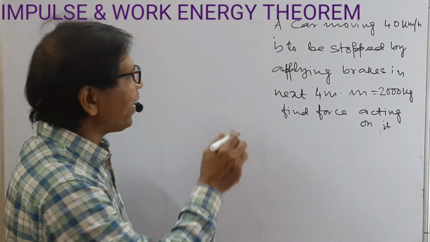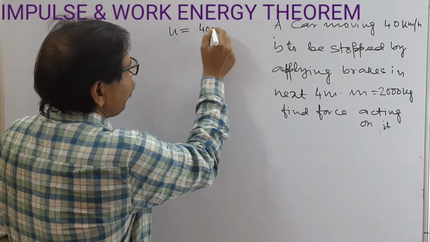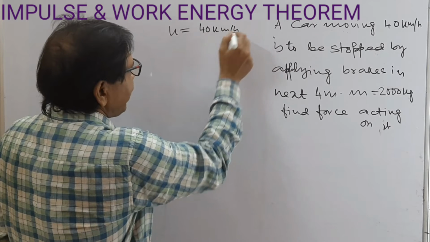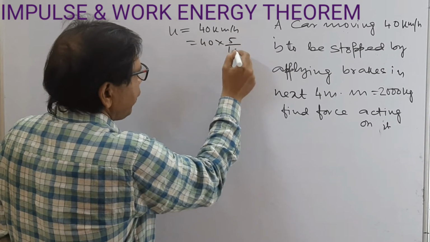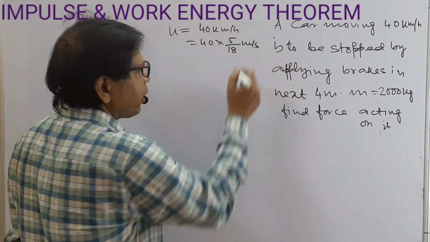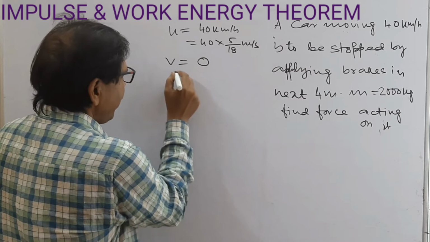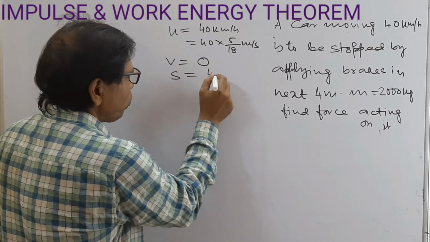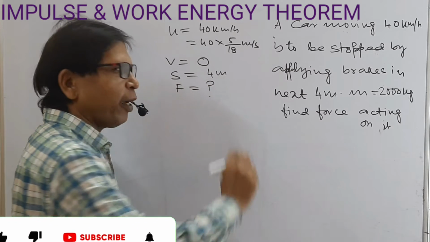The data given here: u equals 40 km per hour, that is 40 into 5 by 18 meter per second. Final velocity v equals 0. Distance covered s equals 4 meter.